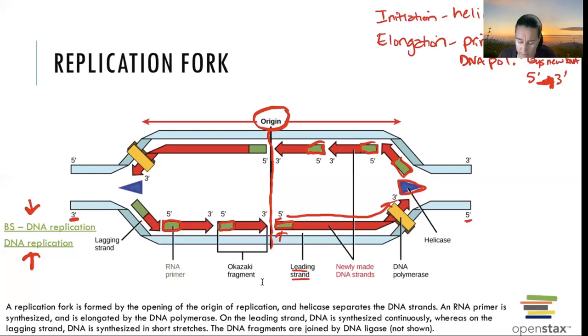On the other end, this other strand on the opposite side, here is its 5' end and here is its 3' end. So if DNA pol lay down here and went this way, it wouldn't work because that's not the way DNA pol runs. DNA pol has to run from 5' to 3'. So this is called the lagging strand.